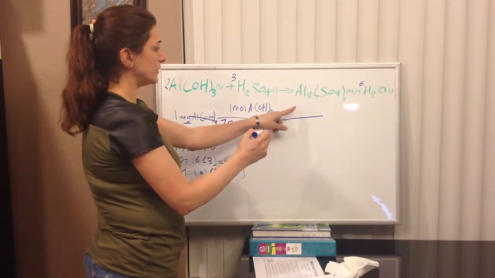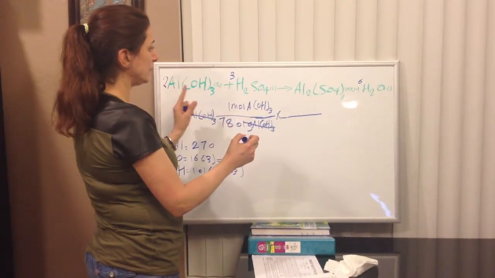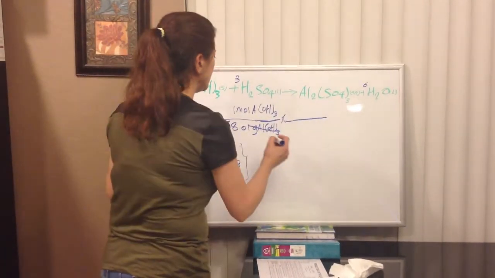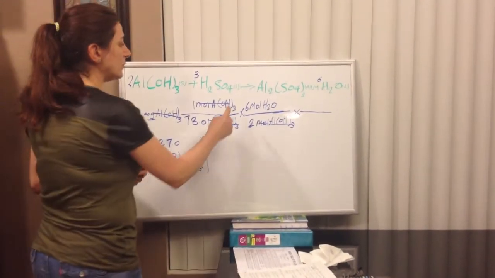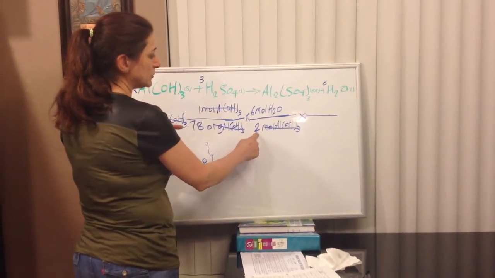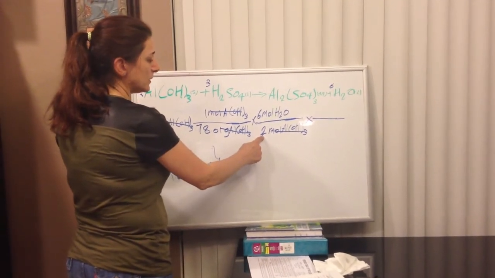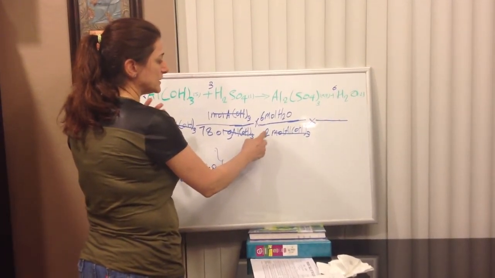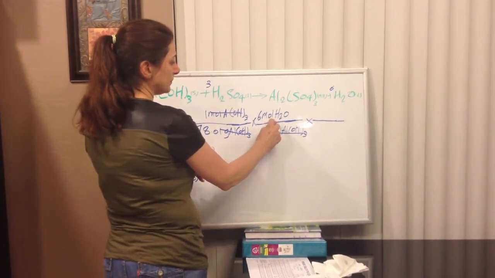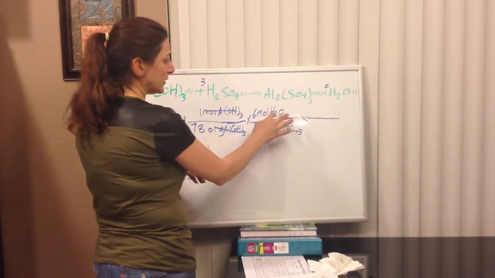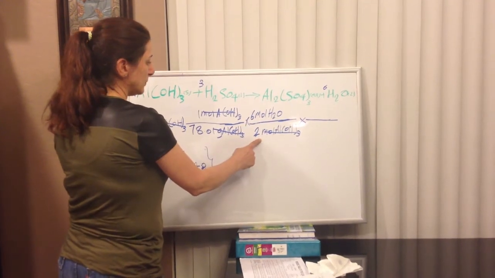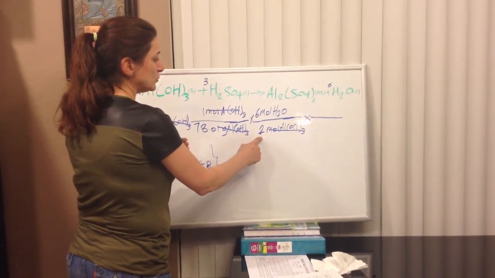Then we're going to go mole to mole, because I want to see how much water comes from the aluminum hydroxide. So I'm going to write my water, and the water has 6 moles and aluminum hydroxide has 2 moles.